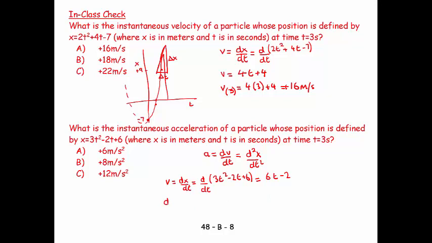And then we say our acceleration is equal to dv by dt, which equals d by dt of 6t minus 2, which equals plus 6 meters per second squared.